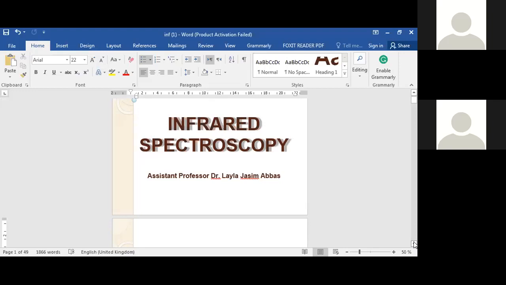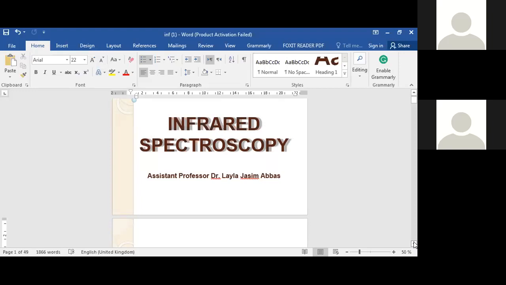So today we have another technique of spectroscopy. It is infrared spectroscopy, or called IR spectroscopy, and it is more complicated than UV visible spectroscopy.